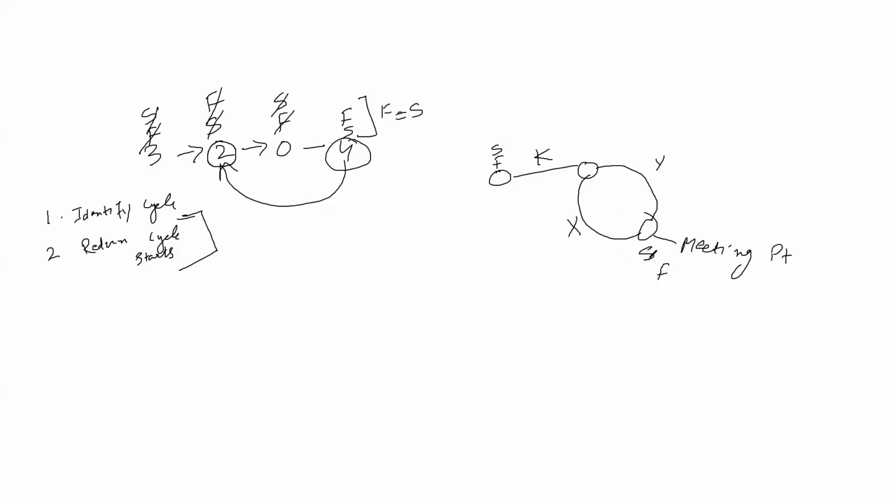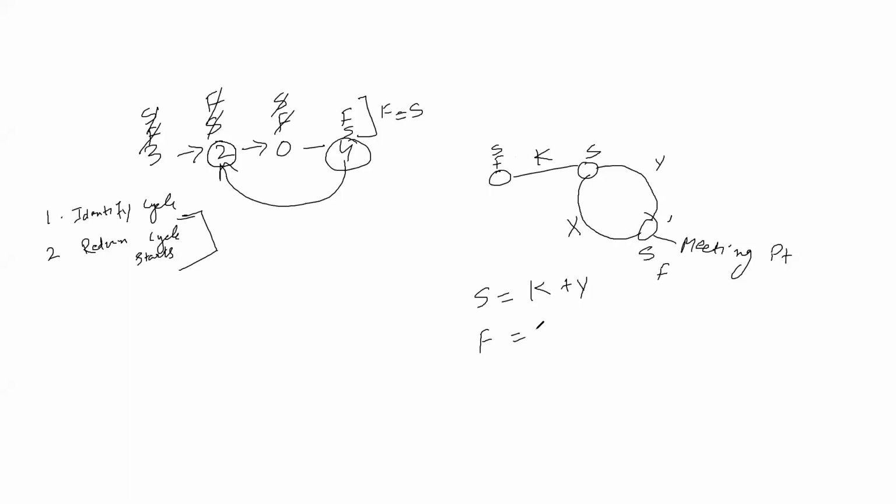So how is the mathematical equation proven? Slow and fast met each other here. How much distance did the slow pointer take to reach from here to here? It took k plus y, right? First slow moved here, then slow went here. And how much distance did the fast pointer take? Fast started from here, then went directly here, but at that time slow was somewhere here.